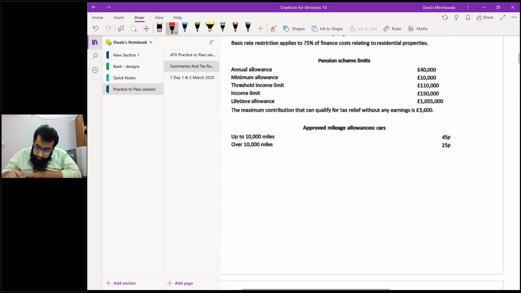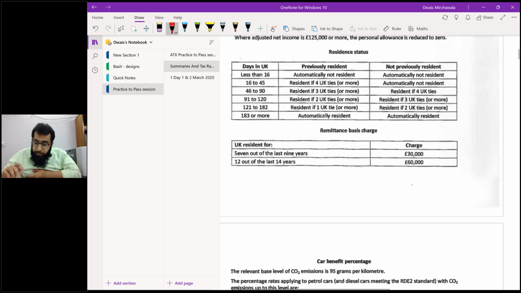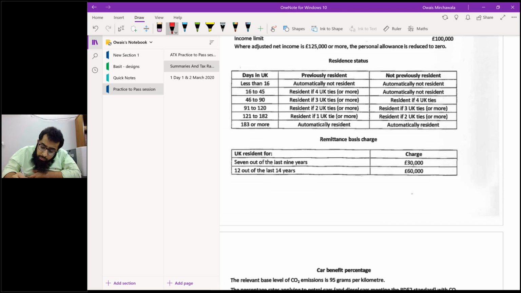Yes, here it is. Now, there are 2 columns, previously resident and not previously resident.